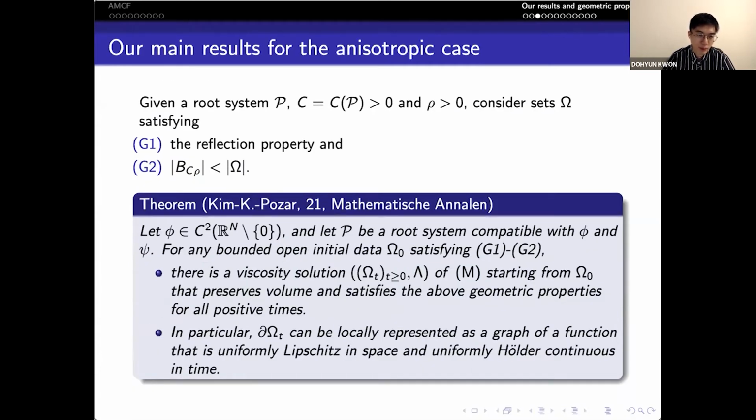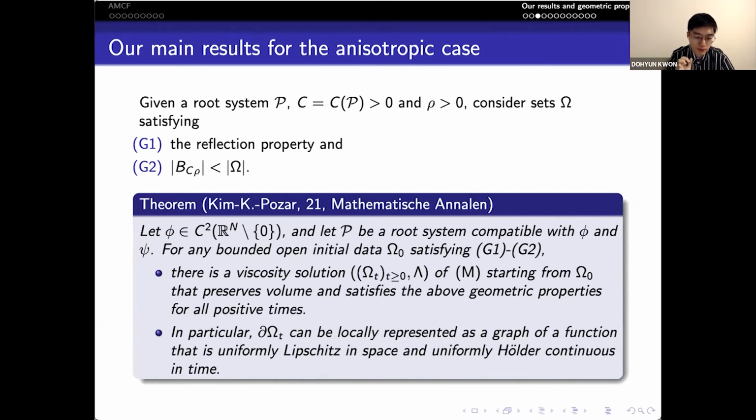So here is our main result for the anisotropic case. We still assume two properties on our initial set: G1, the reflection property, and G2, some kind of volume condition. Under these 2 conditions, we show that there is a viscosity solution.